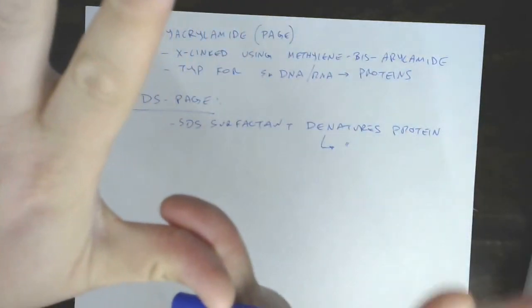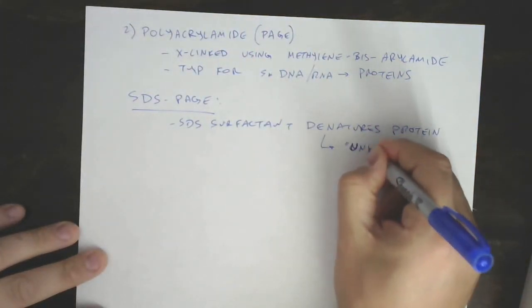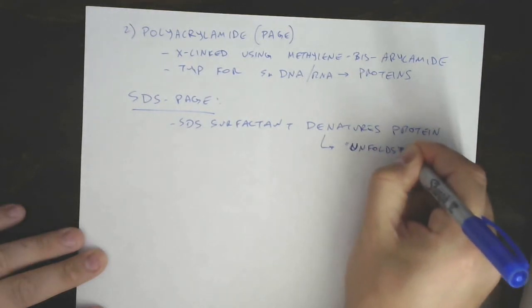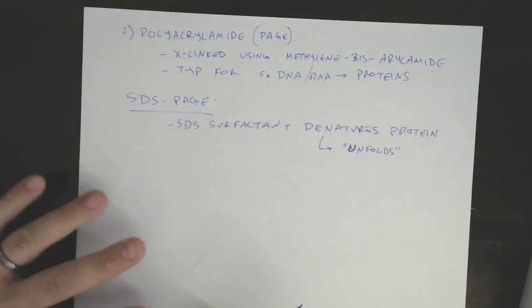Denaturing is unfolding that ball of spaghetti. So we'll say it unfolds the protein. This is a good thing for getting an apples to apples comparison between multiple proteins, because if you unfold all of them, you're pretty sure that their unfolded size is related to their molecular weight, because there's no secondary structure to worry about influencing their hydrodynamic radius.